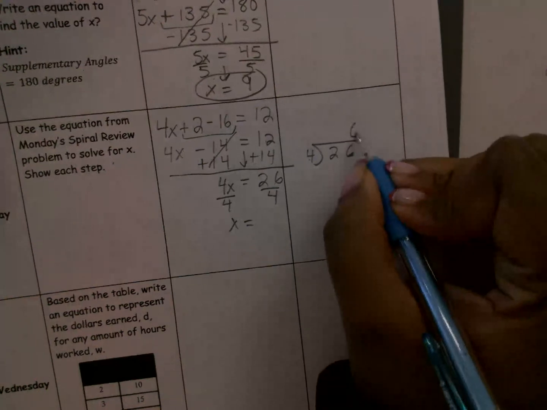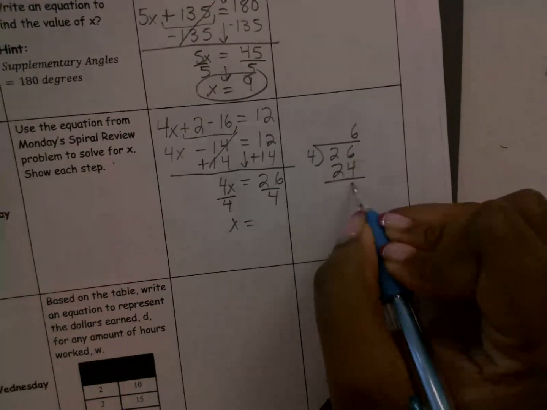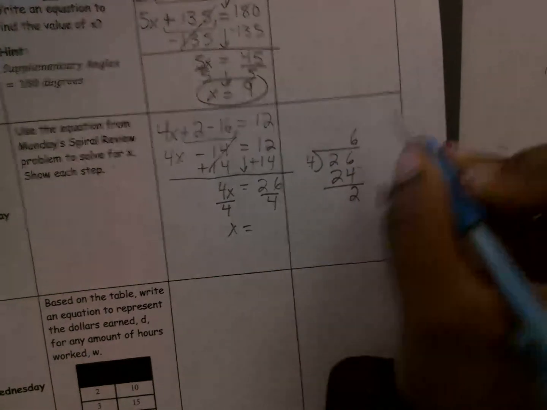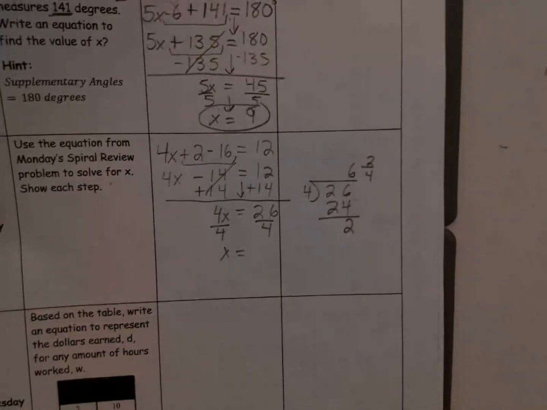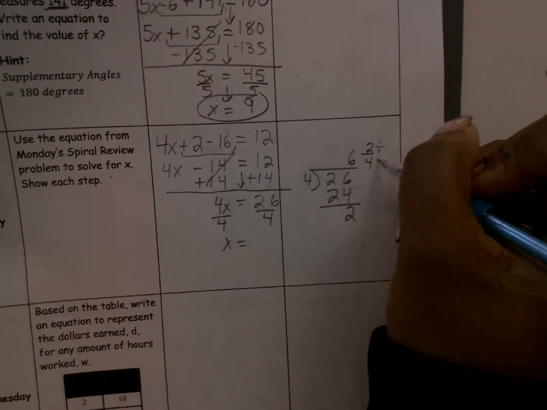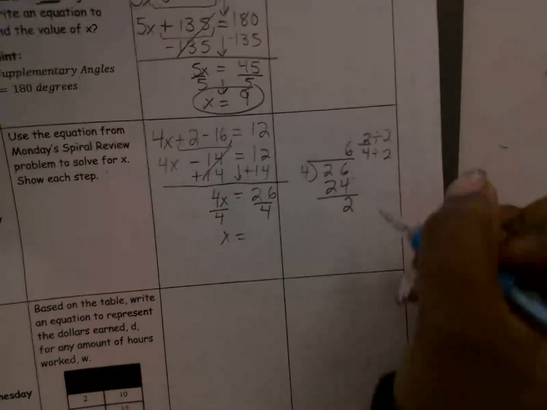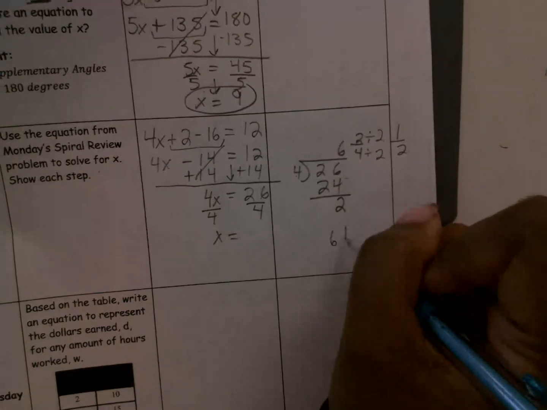Okay, 6. What's 4 times 6? It's 24. With 2 left over. So this is going to be 2 over 4. How do you reduce 2 over 4? It'd be 1/2. Very good. So this is going to be 6.5.